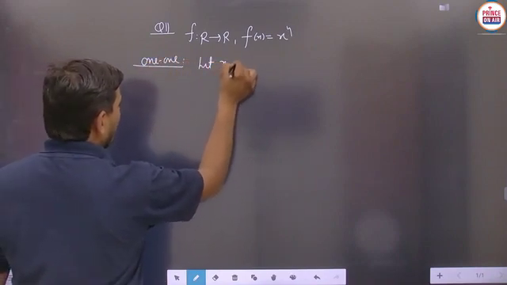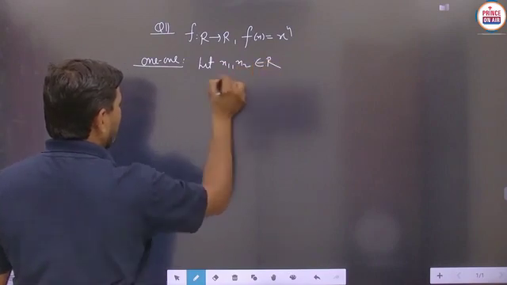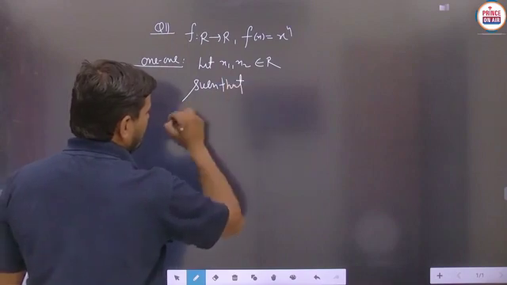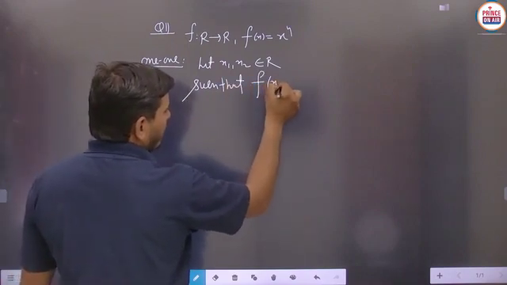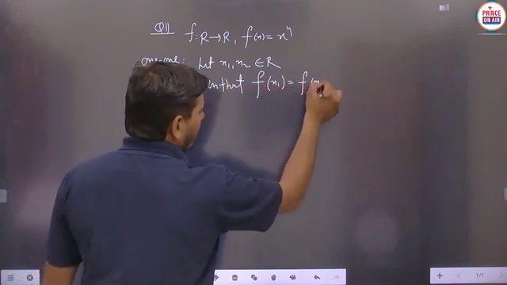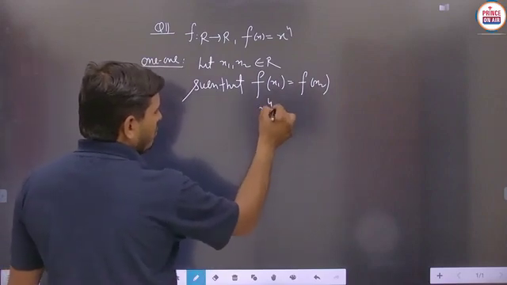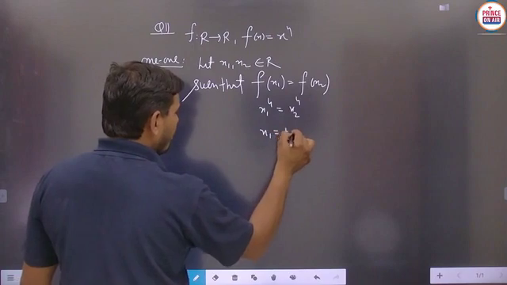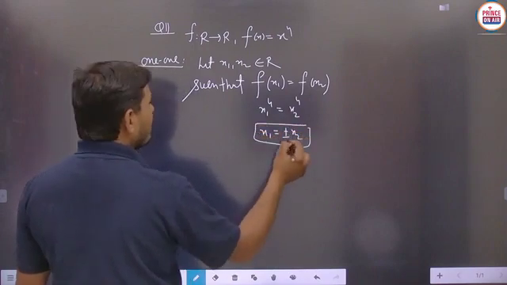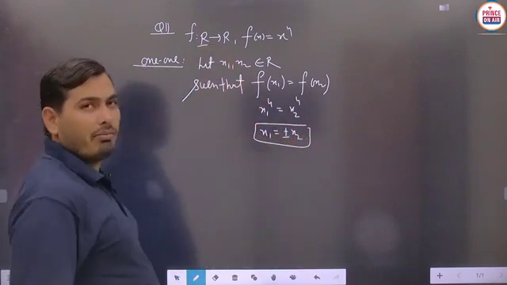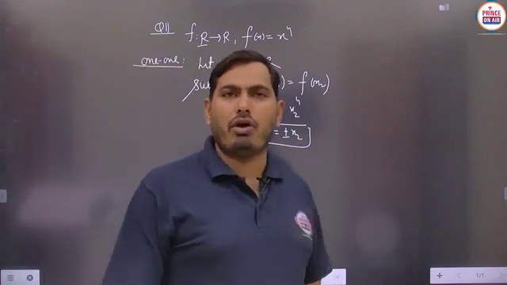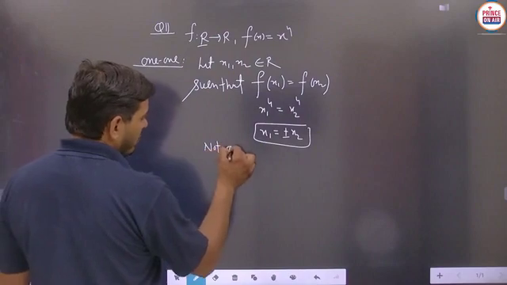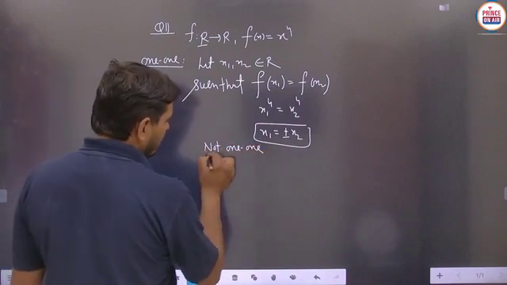Let x1, x2 belong to the real numbers such that f(x1) equals f(x2); here x1 raised to power 4 equals x2 raised to power 4, and in the case of an even power we have to use plus or minus, because x1 and x2 are real numbers and can be either positive or negative. So this is not one-one. Is it clear?